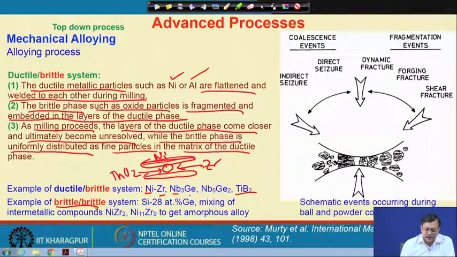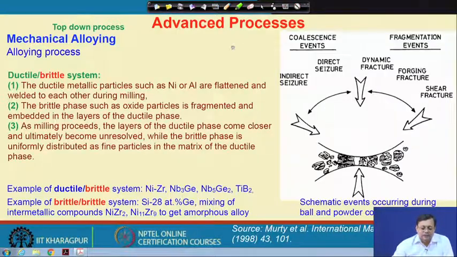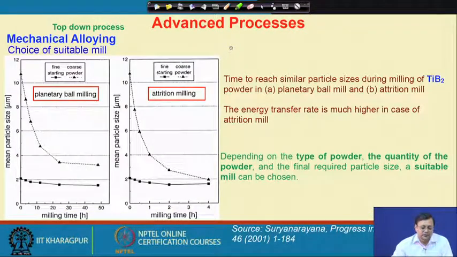Here we can think about silicon and germanium. We can mix two intermetallic compounds like nickel zirconium intermetallic and Ni11 Zr9 in order to produce an amorphous alloy. So, we can start with two different brittle phases and then allow them to join together, both in terms of alloying as well as size reduction. So, both processes can be chosen, and definitely the mechanisms of such processes are also a little bit different.